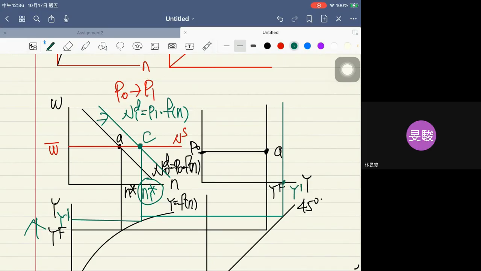And we have set the price level from P0 to P1. So connecting, we get a point D. Okay, let us connect point A and C.